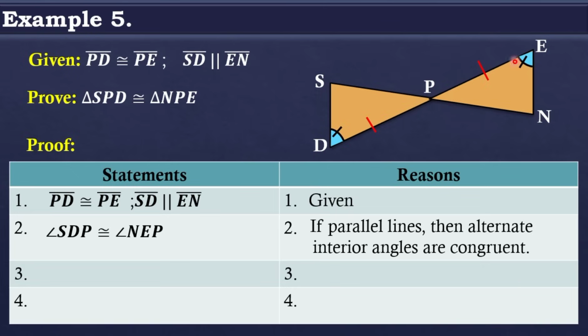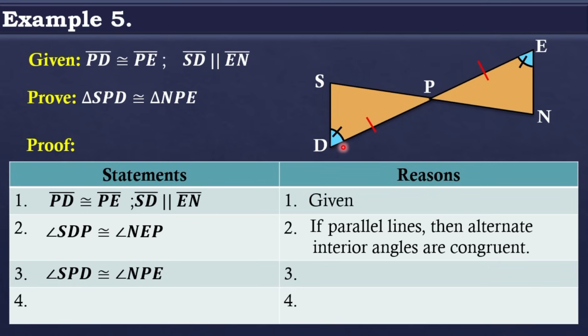Ito po ay nako-consider natin as alternate interior angle. So, kaya ang reason natin dyan, if parallel lines, since parallel lines nga po ito, then, alternate interior angles are congruent. So, congruent po itong angles na to, which is, yung angle SDP and angle NEP.